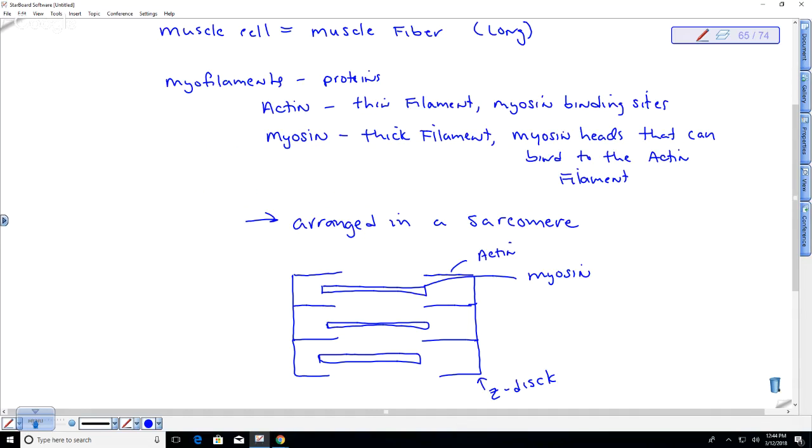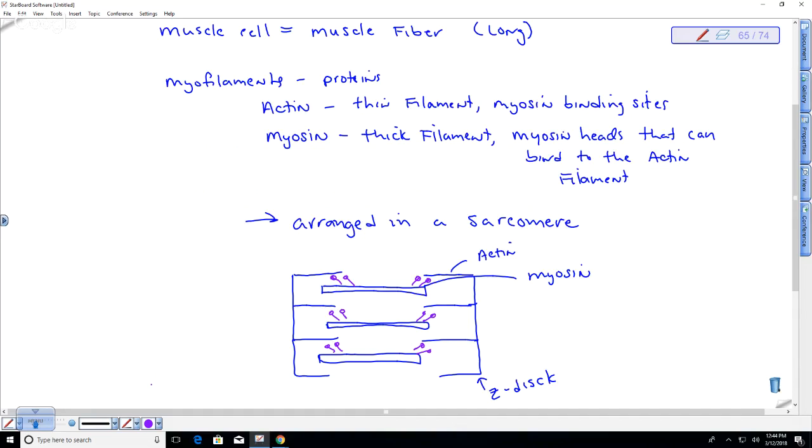If I look at my myosin, they are what have the myosin heads, and they kind of look like this. These are little structures that can actually pivot. So you would label these the myosin heads, and they can bind to the actin.